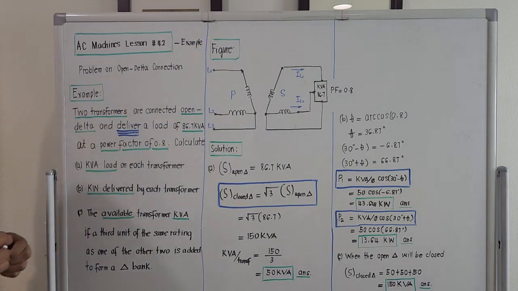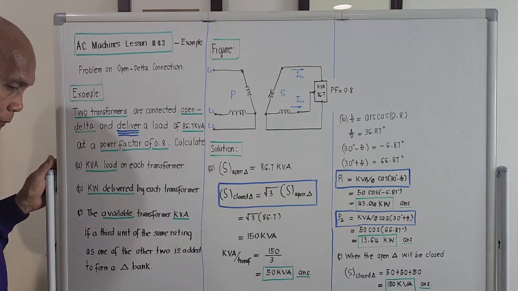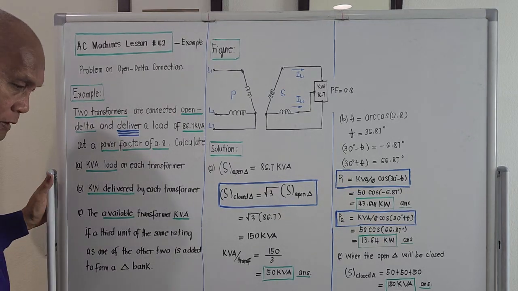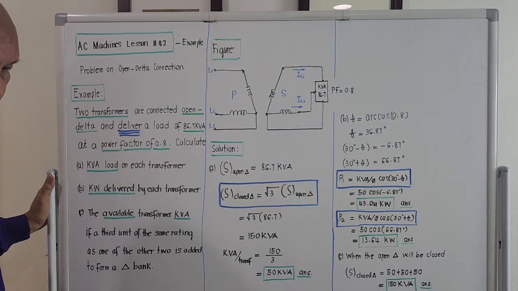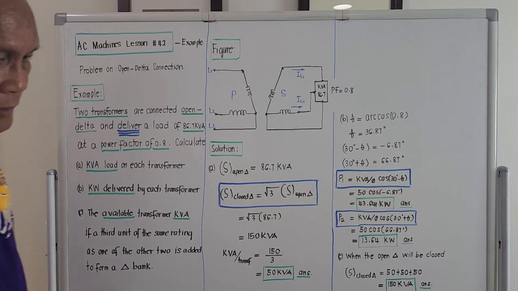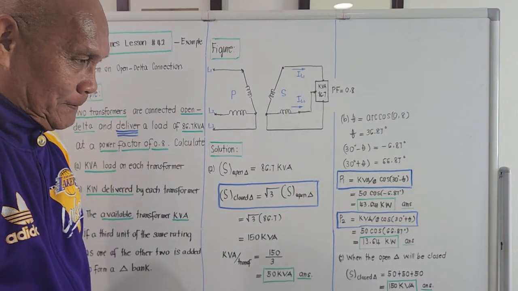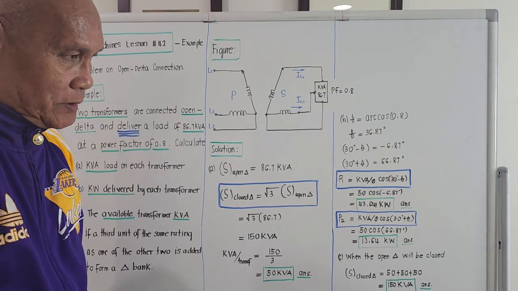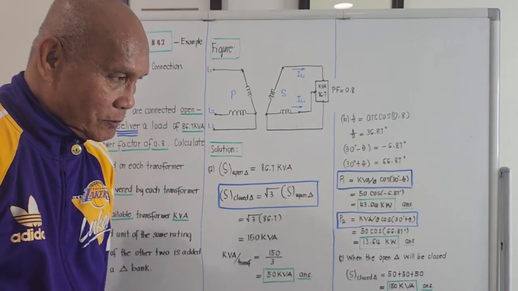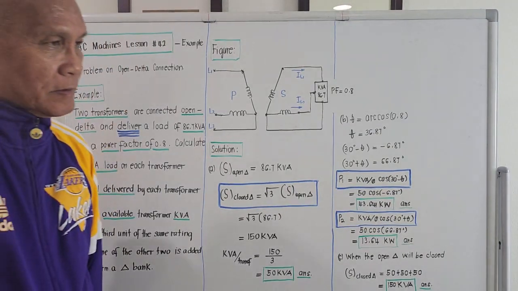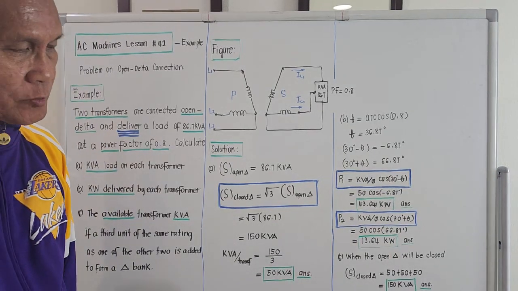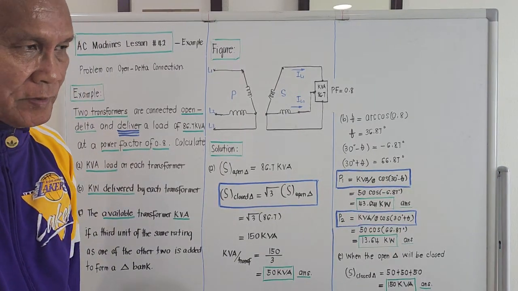So this will now be an application of the concept of Open Delta Connection. Why are we always solving Open Delta Connection? In real life, Open Delta Connection actually comes up because of the problem of a damaged transformer, or a transformer that must be repaired.